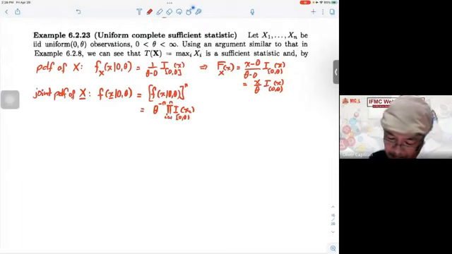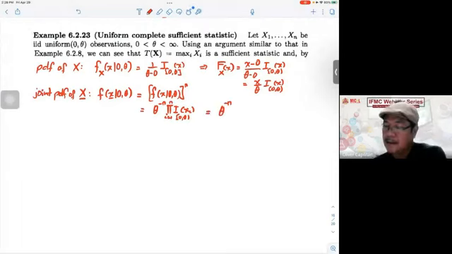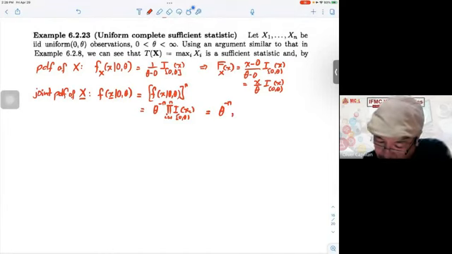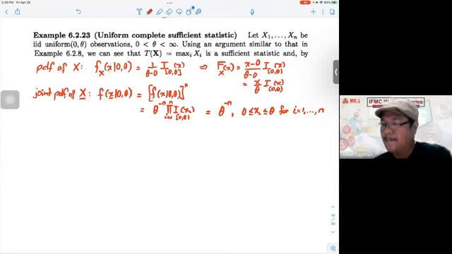Or we can simply write this as theta to the negative n, where x sub i is greater than 0 and less than theta, for i from 1 up to n.